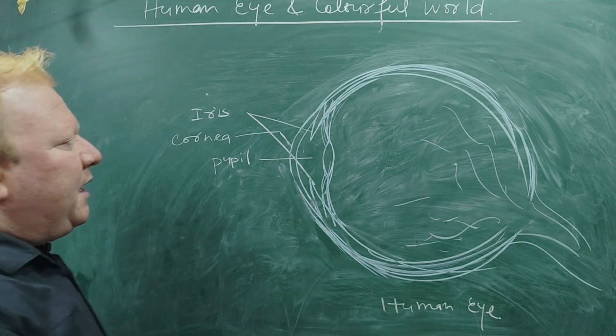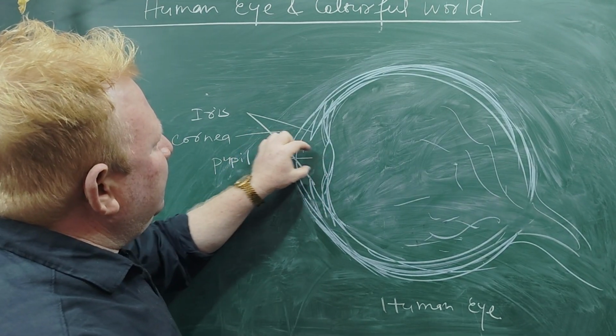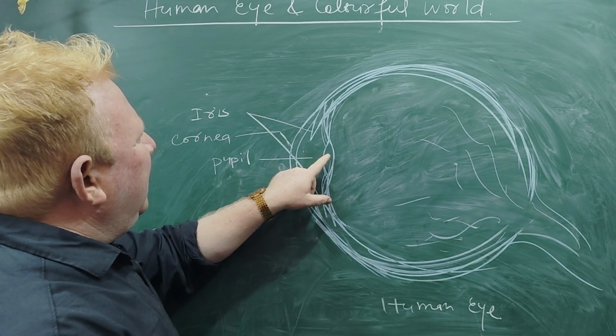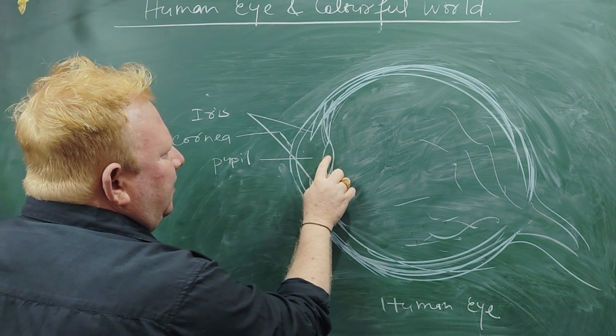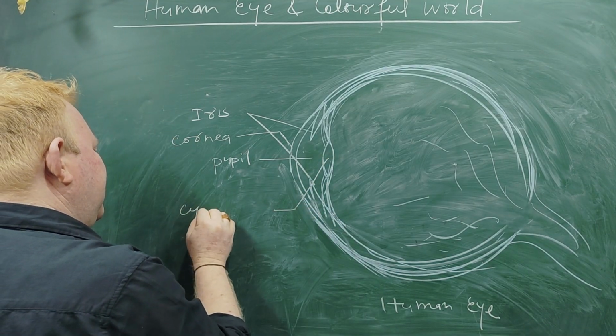So these three parts you understood. This portion, the empty portion, this area is called pupil, and just here this one, this is crystalline lens.